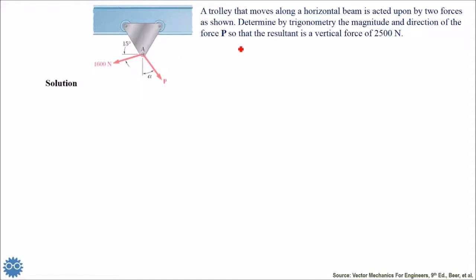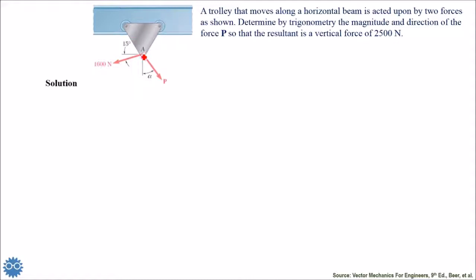So, the question says, determine by trigonometry the magnitude and direction of the force P so that the resultant is a vertical force of 2500 newtons. So actually here we have nothing to do with the mechanism we see with the trolley.